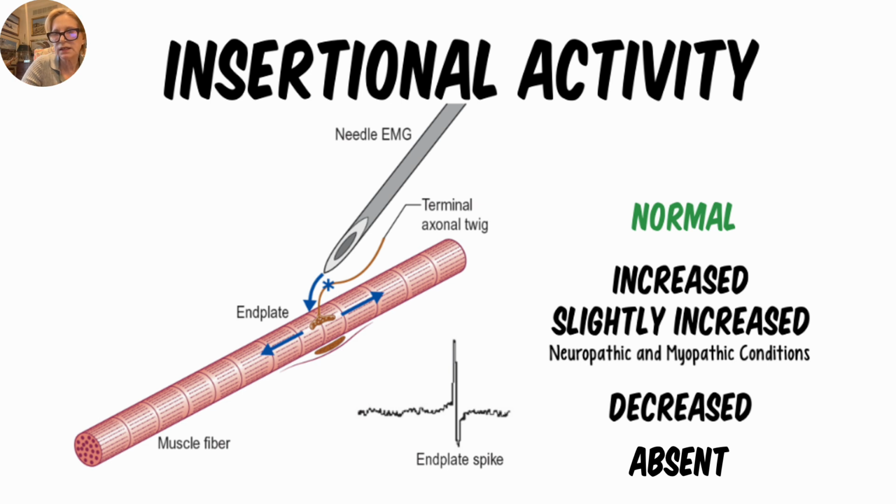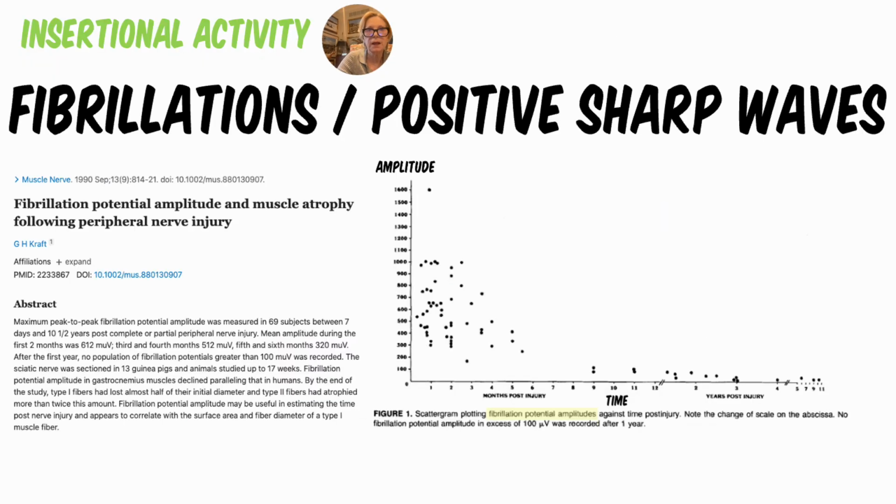I definitely have had good results when the insertional activity is decreased, but it really is informing the patient and setting expectations. By contrast, if the insertional activity is absent, that's associated with CRDs, it's chronic, it's tendon transfers, not nerve transfers or nerve surgery.